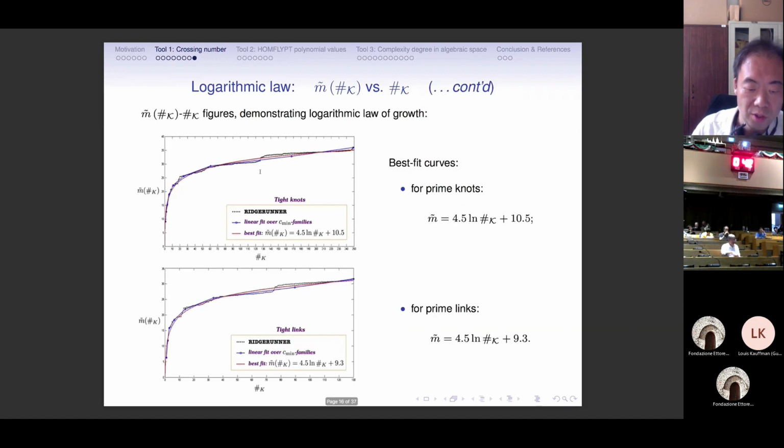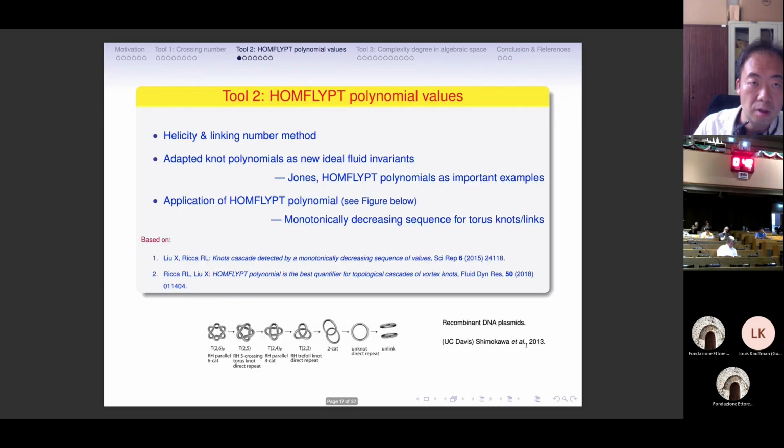Then we obtain such a logarithmic law for tight knots, prime knots, and prime links. So this is a kind of logarithmic law. The best fit curves are the following: this one and this one.